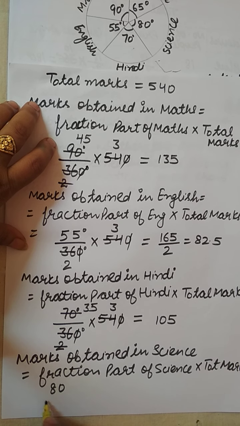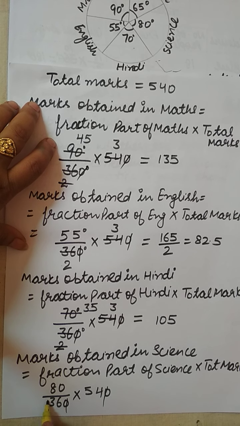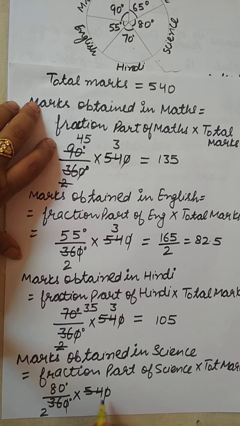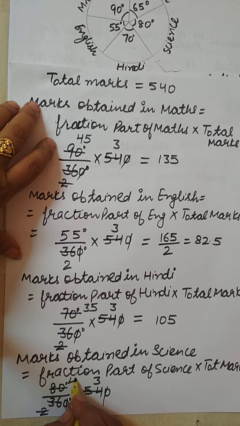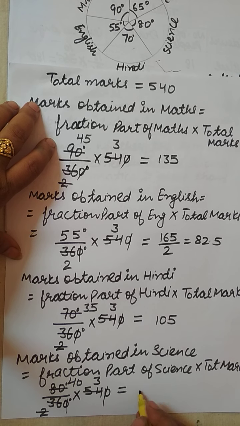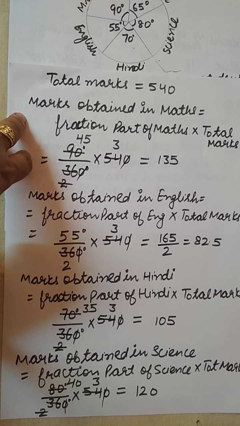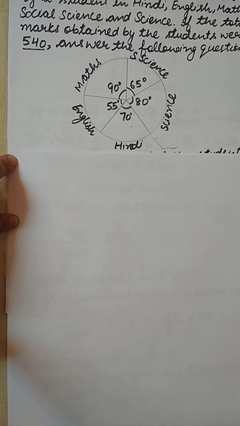So 80 divided by 360 multiplied by 540. 0 and 0 cancel. 18 2s are 36, 18 3s are 54. 80 divided by 2 is 40. 40 multiplied by 3 is 120. So the marks obtained in science is 120.